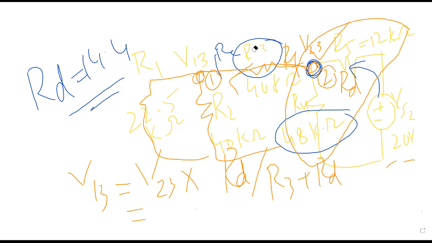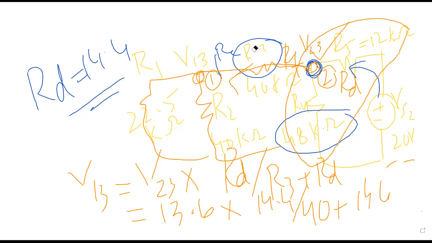So V13 equals, what the value of V23 is, we calculated 13.6, multiplied by the value of RD, which I think is 14.4, whole divided by R3, which equals 40, plus 14.4.